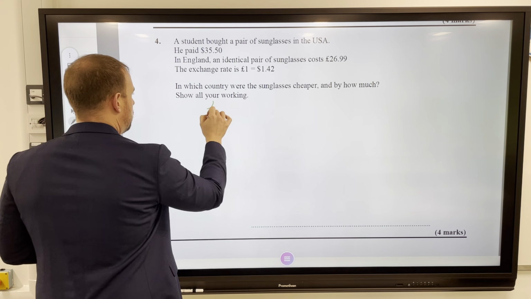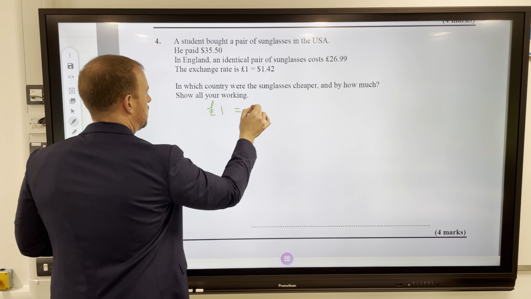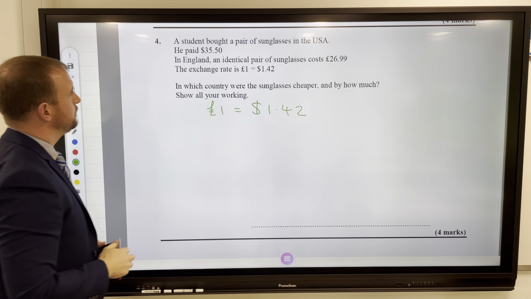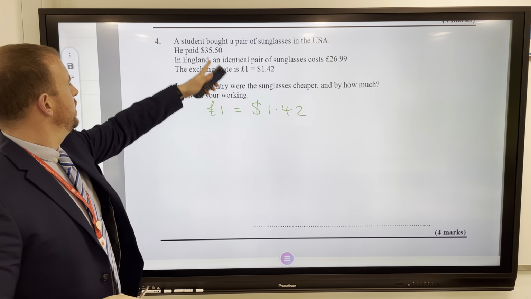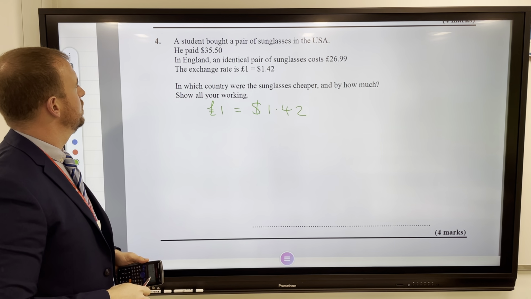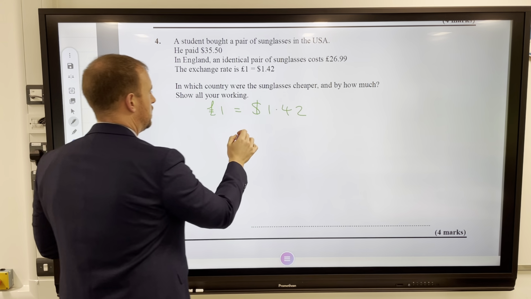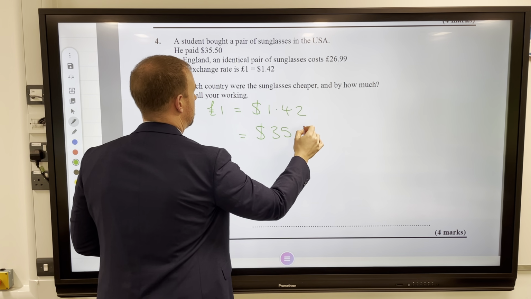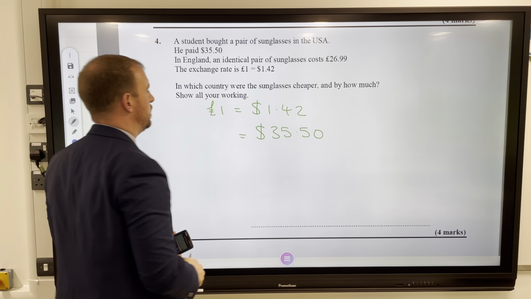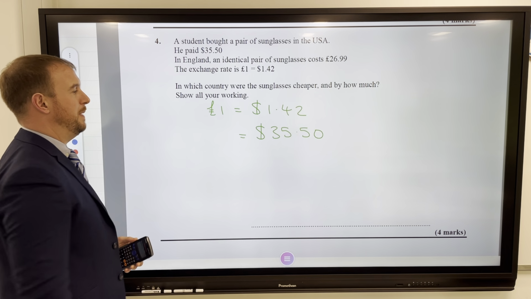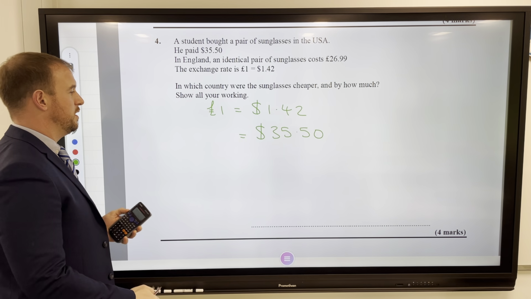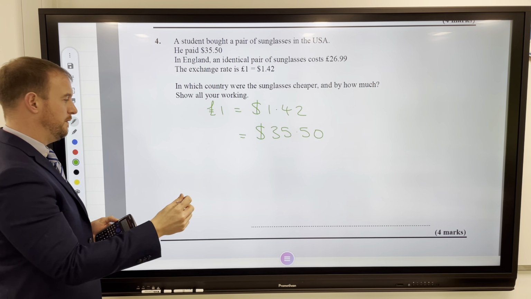So our exchange rate is £1 equals $1.42. He paid $35.50, which is on this side. So we can now convert that into pounds and see if it's going to be cheaper. To convert back into pounds, we need to divide.